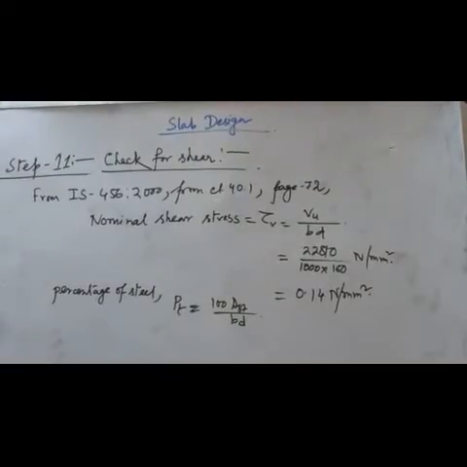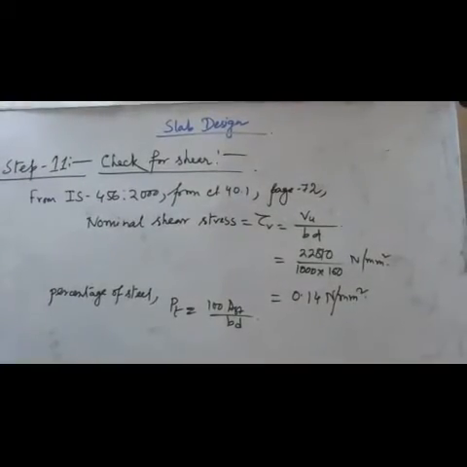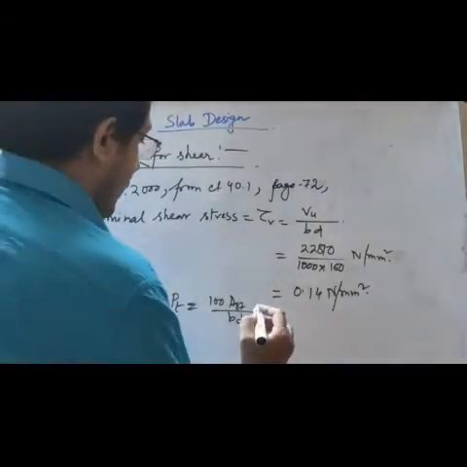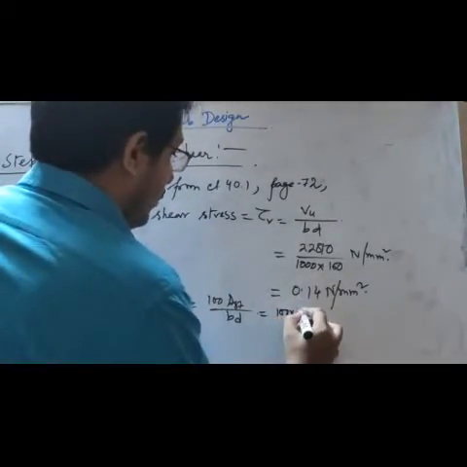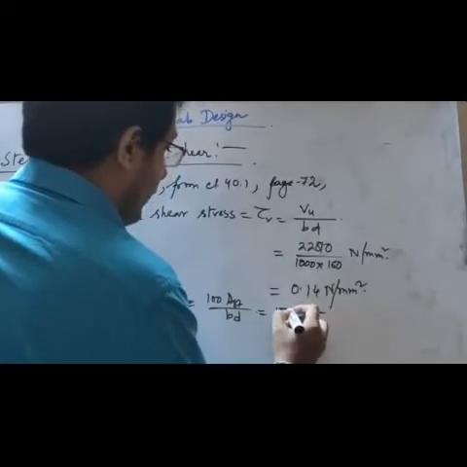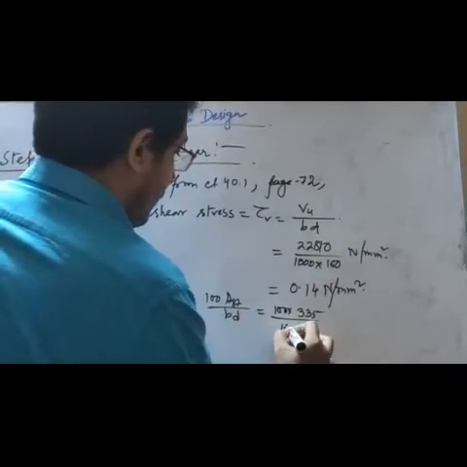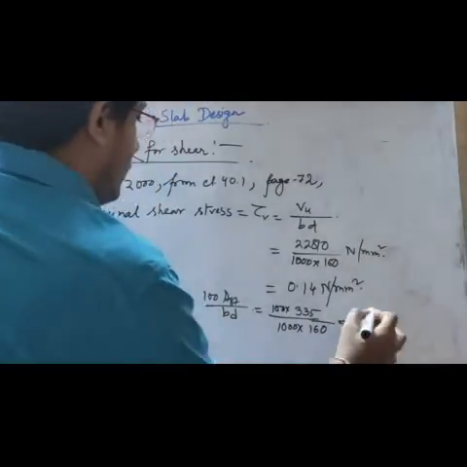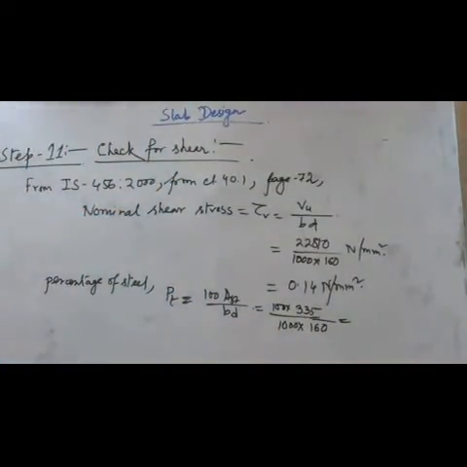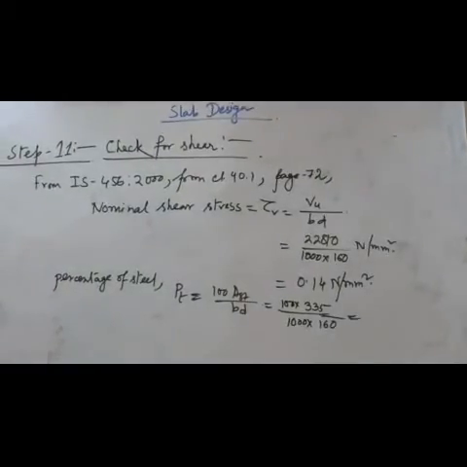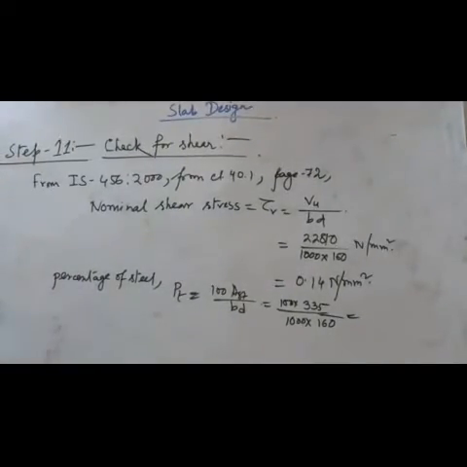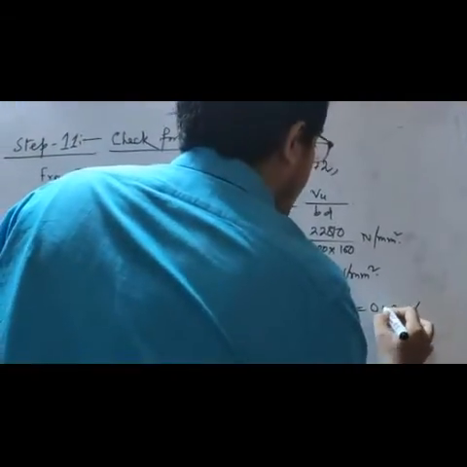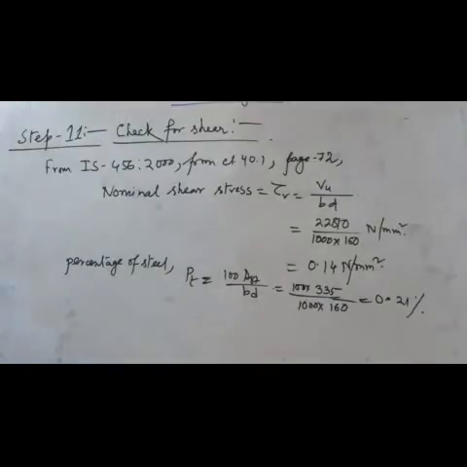This AST value should be the greater AST value in X direction or in Y direction. So 100 into 335 by B, which is 1000, and D, which is 160. If we calculate this, you will get the percentage of steel, that is 0.21%. Okay.